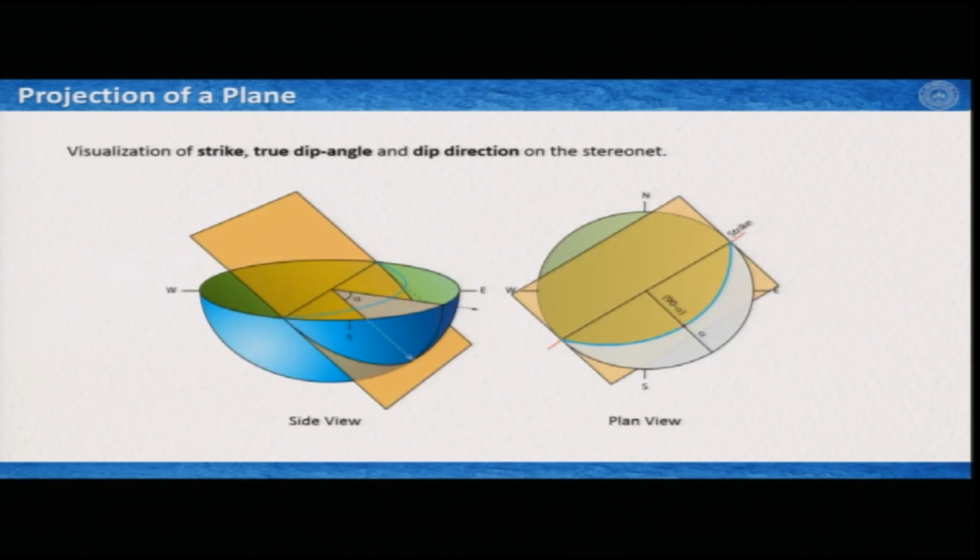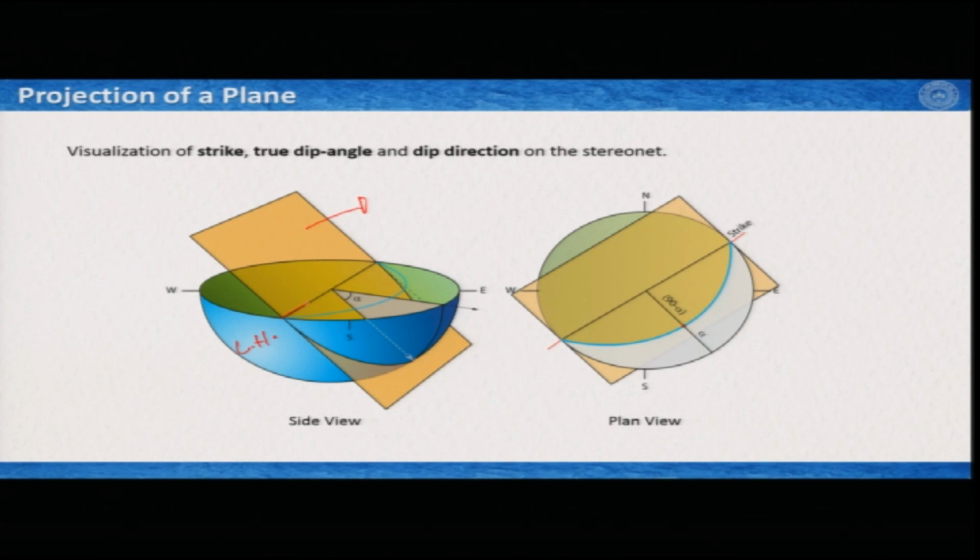To visualize this in a different way, and to check that we have actually projected our plane onto the Stereonet, here is a different illustration. What we see here is the sloping plane that we are concerned with. This sloping plane passes through the center of this sphere. This is the half sphere, the lower hemisphere.